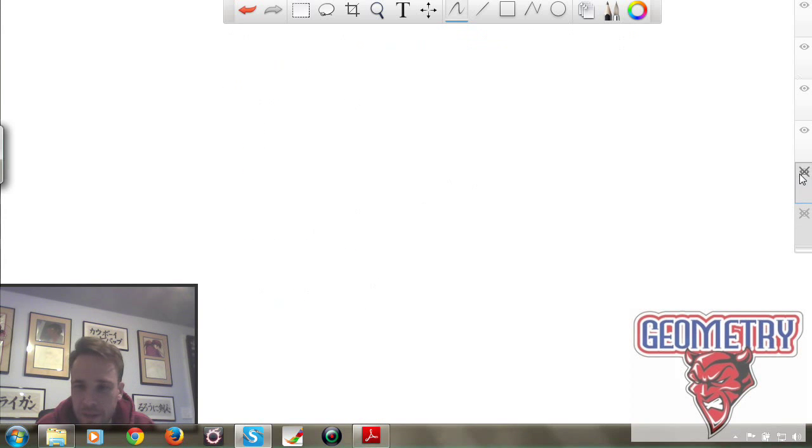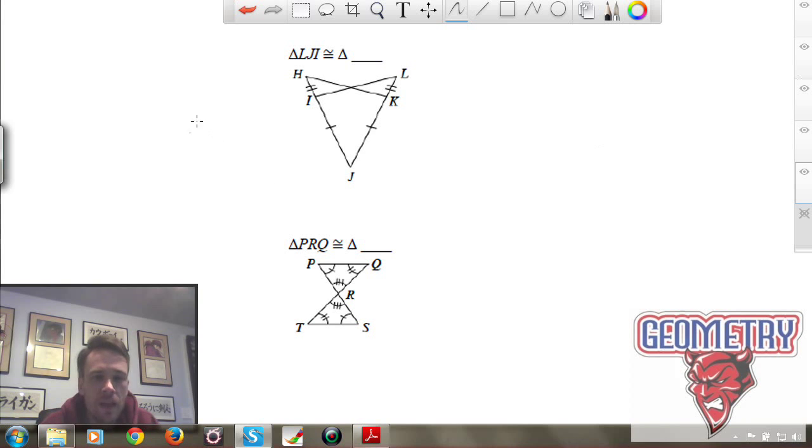Okay, on to the next set here. So we're looking at triangle LJI, which is actually overlapping with this triangle HJK. So it's like almost been reflected across the vertical, the y-axis there, has been reflected over, so it's now pointing the other direction.